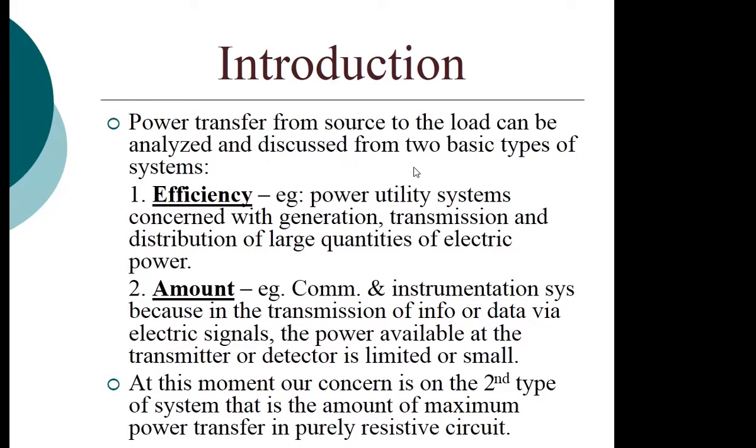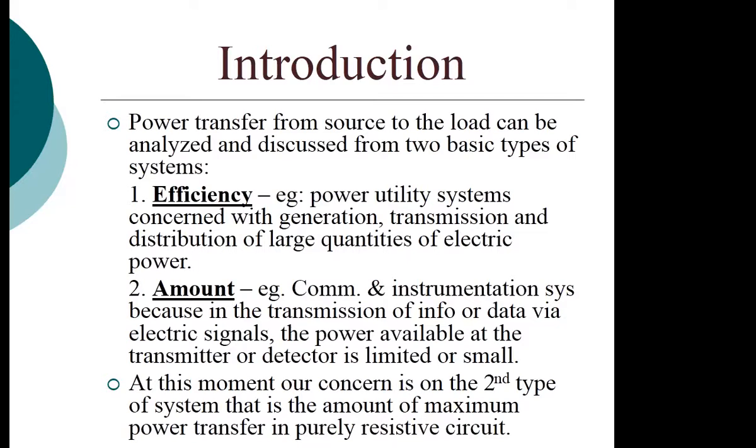So when you are talking about a power source and the transfer of power, we normally talk about the efficiency of the system in transferring power from the source to the load. And this is very critical in power generation and transmission of large quantities of power. In that case, we are more concerned about the efficiency.